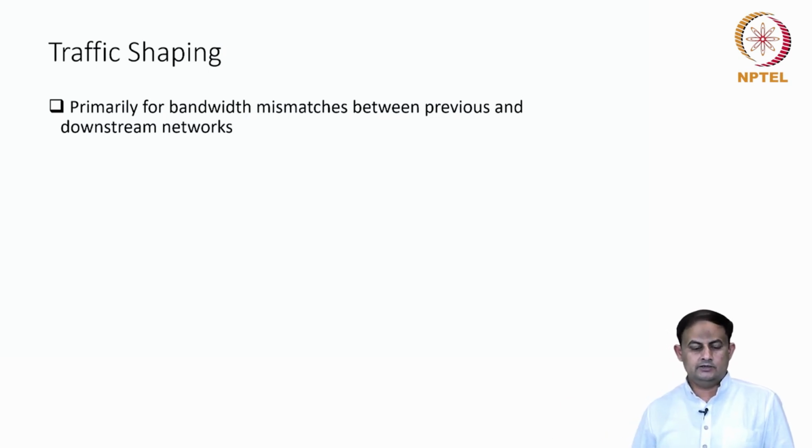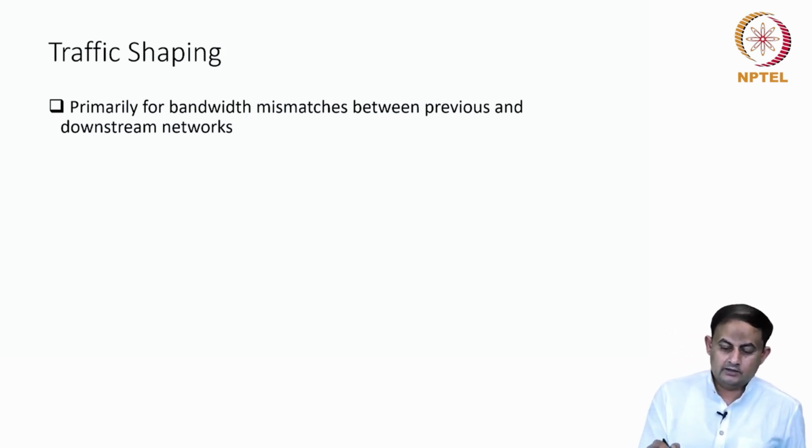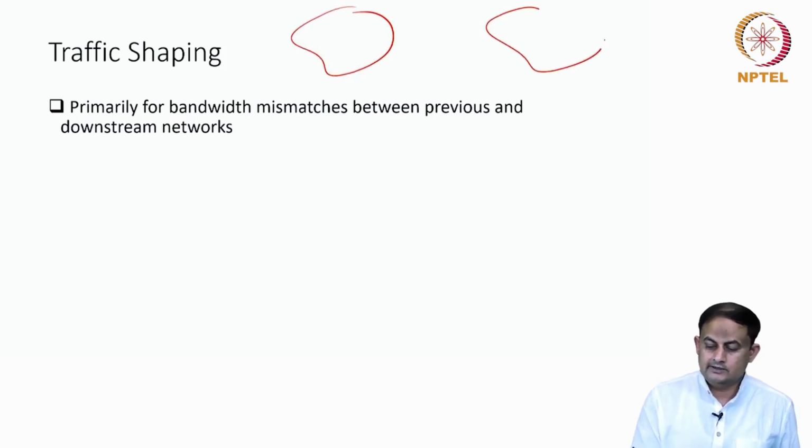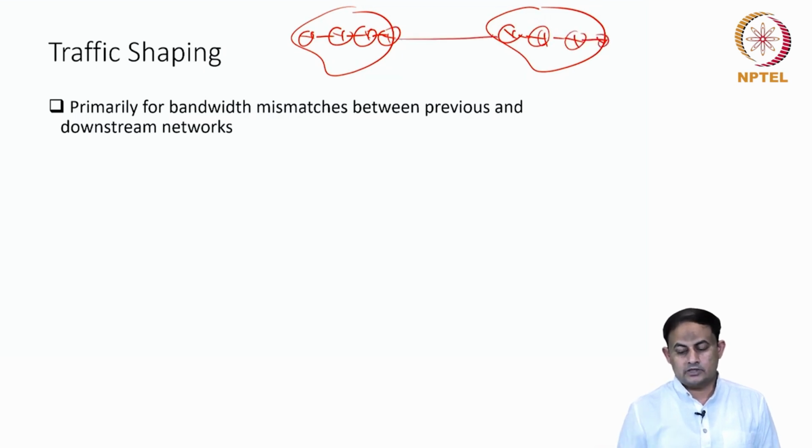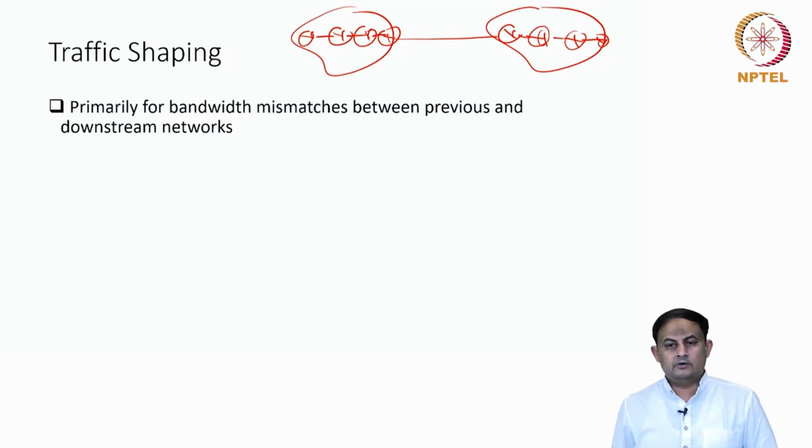Then how do we exactly do that? It might also be the case that network 1 has a higher capacity and is connected to a large number of users, but network 2 has a limited capacity and is not able to handle as many packets as network 1.